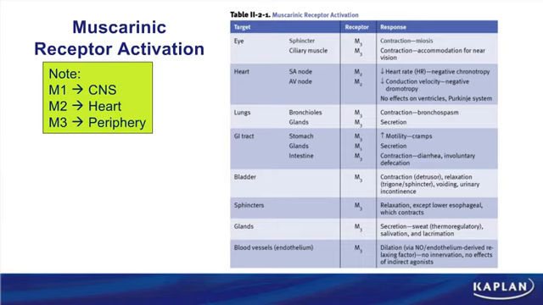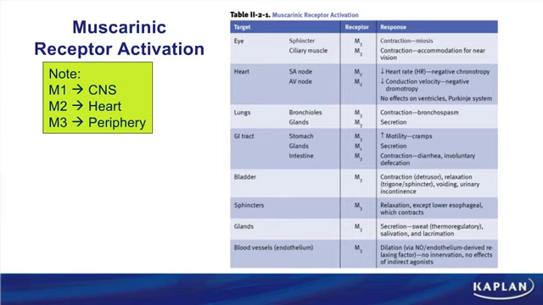Since this is a very important table, we look for ways to be able to digest such a large amount of information. Here's the good news. Remember the exercise that we did earlier, where we talked about the eye and the heart and the lungs and the GI tract and the urinary tract? The first 5 parts of this diagram we've already looked at.